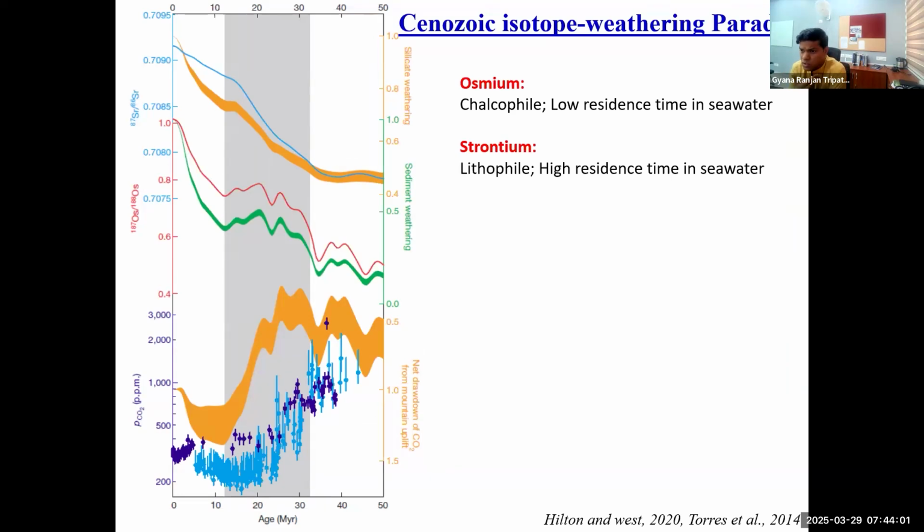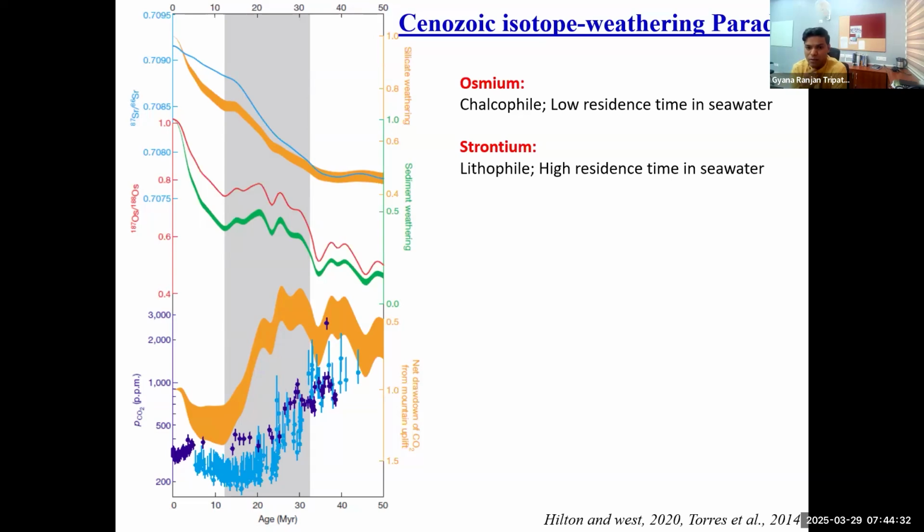And there is another proxy, osmium isotopes. Osmium is a chalcophile element with a low residence time in seawater, in contrast to strontium, which is a lithophile element with a high residence time. They found that there is a mismatch in the increase, though they broadly show an increase in the trend, which reflects that continental weathering is much higher during this period, but they are not able to attribute everything to the silicate weathering, as was studied by Krishnaswamy and his group.